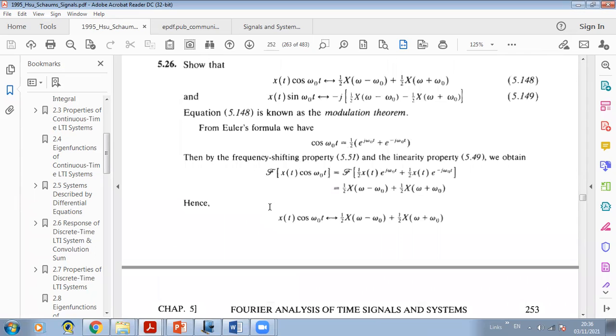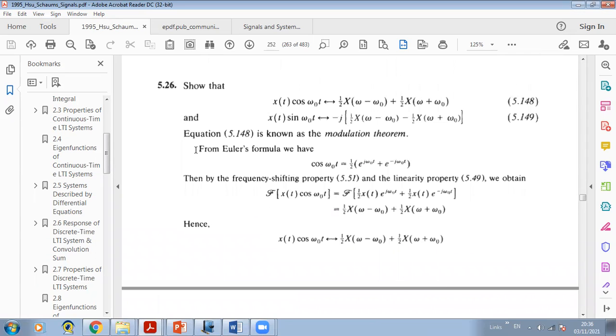Yeah, this one. So you can see that this one. Okay, so j half X(omega minus omega c). So our equation is correct, no?